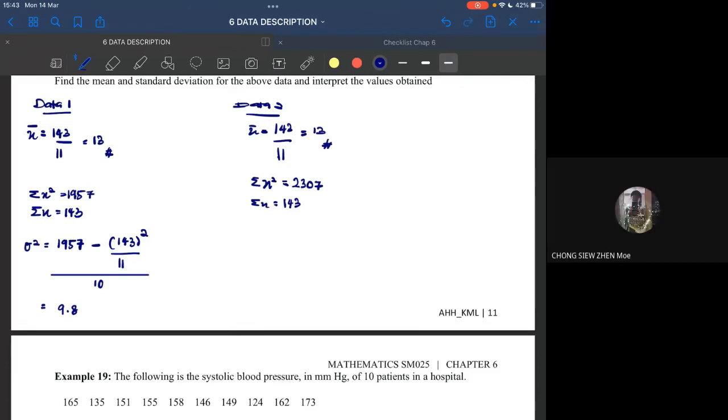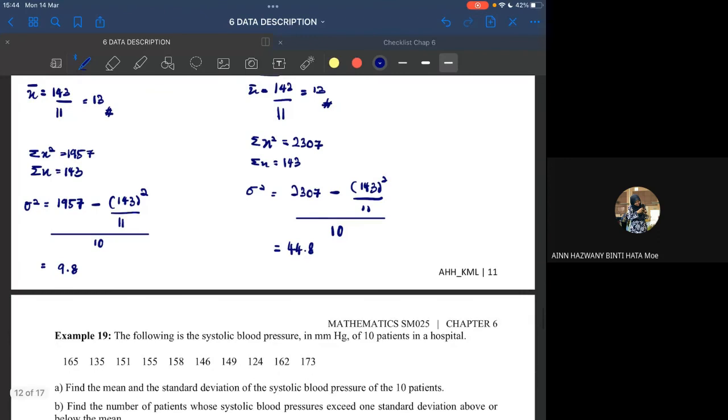Okay, for data 2, variance is equals to 2307 minus 143 square over 11, over 10. Here you're gonna get 44.8. Okay. So now to find the standard deviation, basically just square root the variance.